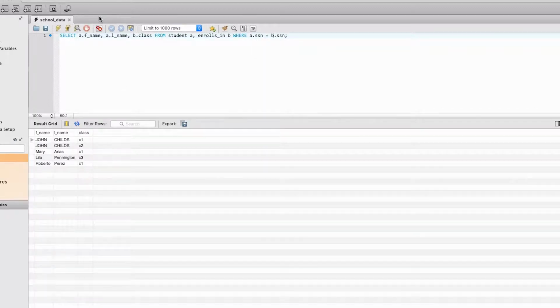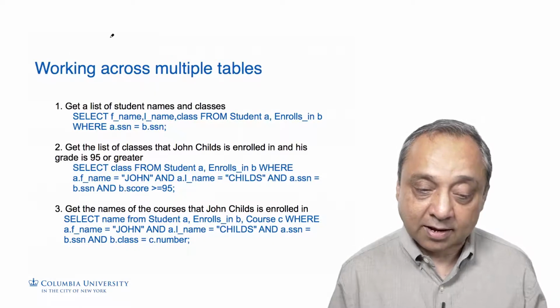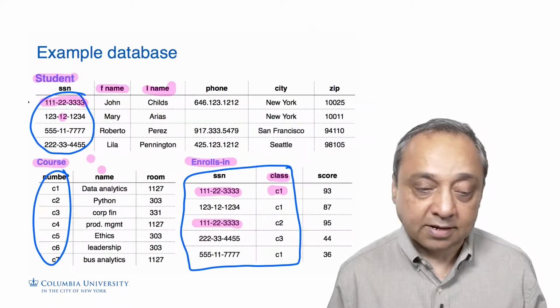The nice thing about this is that anyone reading the query can know clearly where fname and lname are coming from. I don't have to say it, because fname and lname are unique in my table.